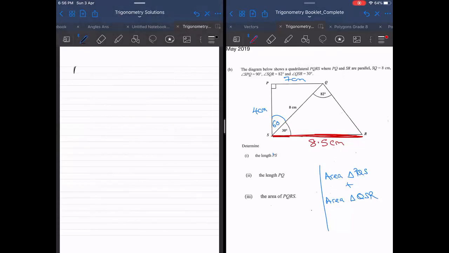Remember, we had said that the area for the trapezium was a half A plus B times H. So it's 7 plus 8.5 times 4. Right, so it should be 30.94, or if you're rounding it, 31.